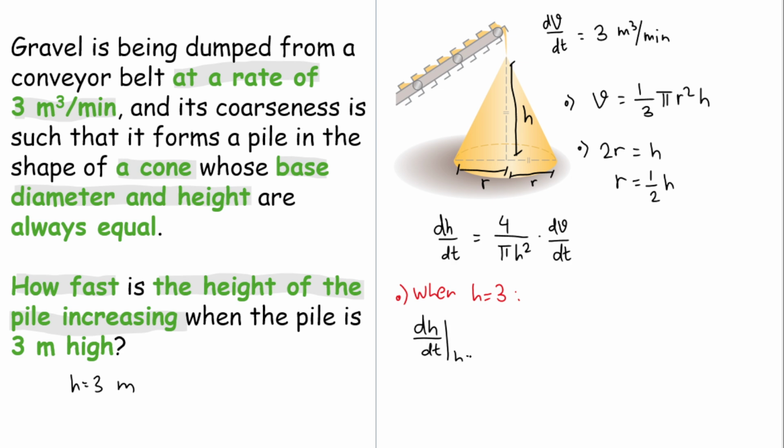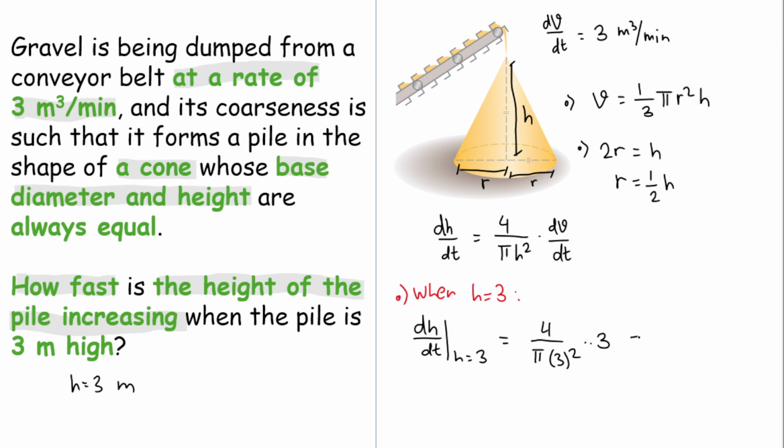So we will have 4 divided by pi, and then h is 3, so I have 3 squared, and then dV/dt is the rate of this gravel, and that will be 3 meter cube per minute. So I'll have this multiplied by 3.